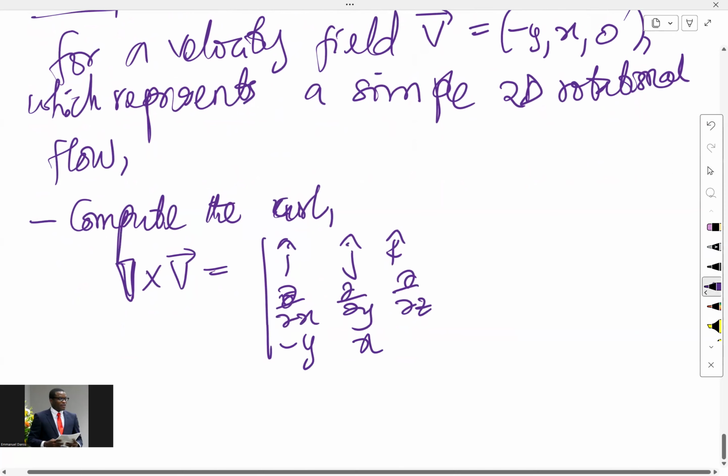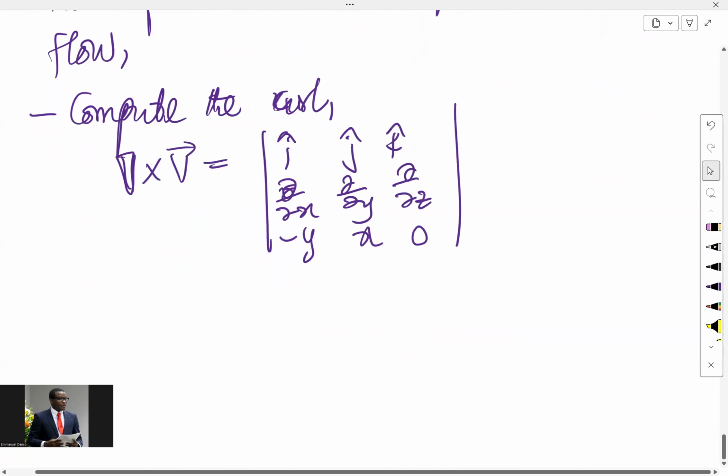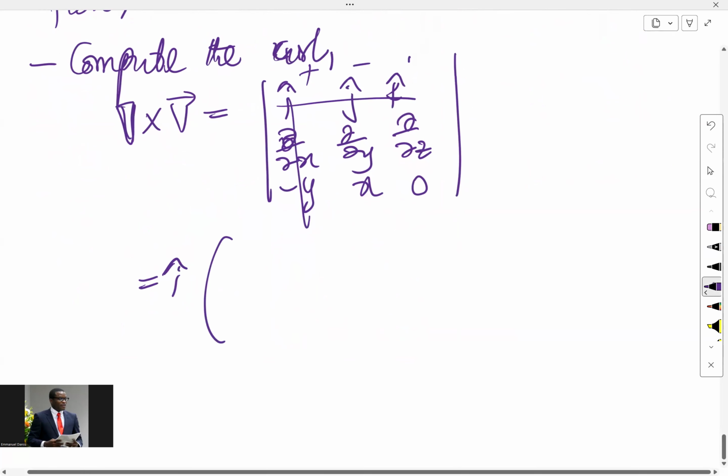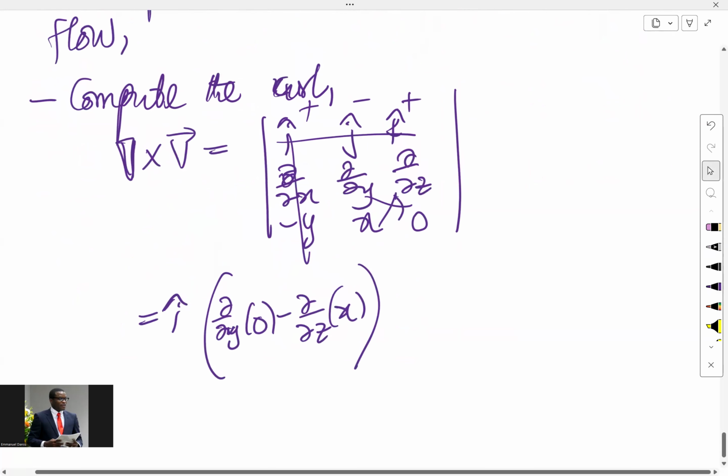Of course, this is plus, minus, plus like we know. So that's plus i into d/dy of 0, minus d/dz of x.